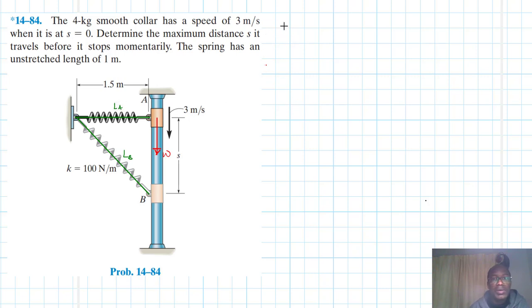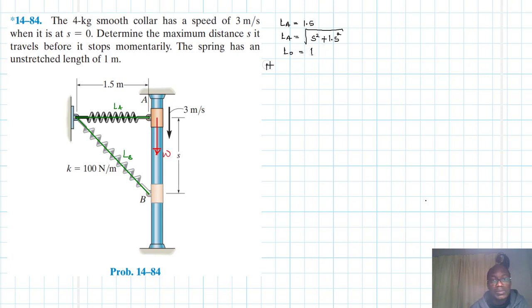So let's say LA is just equal to 1.5, the length. LB is equal to the square root of s squared plus 1.5 squared. Then L original is just 1 meter.